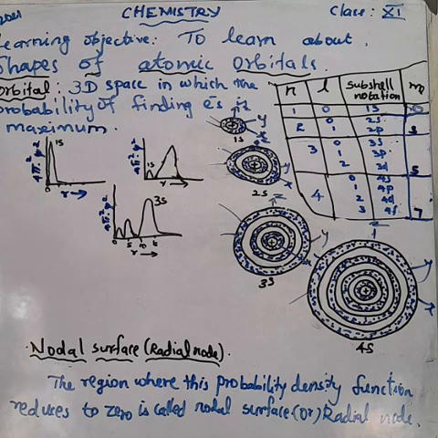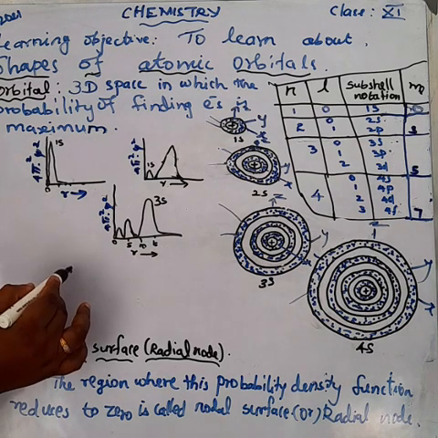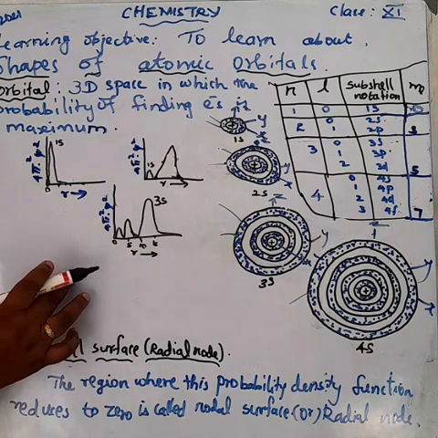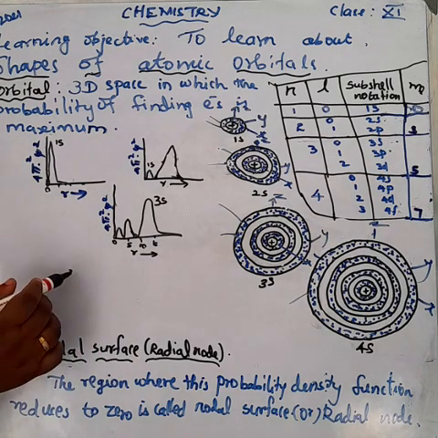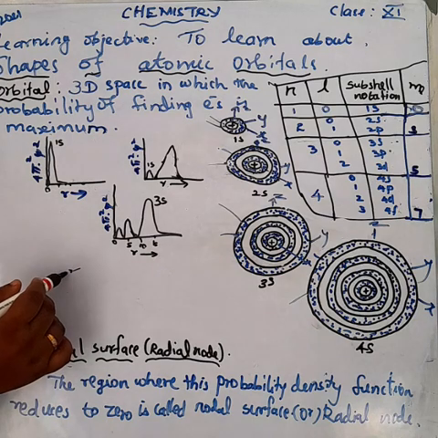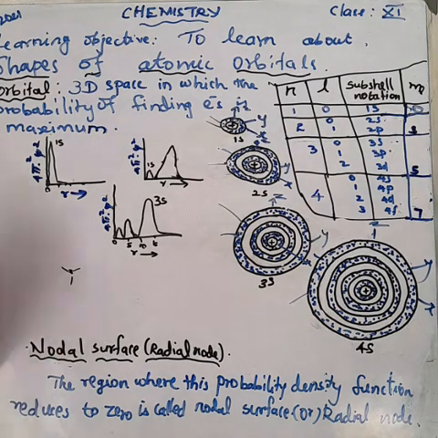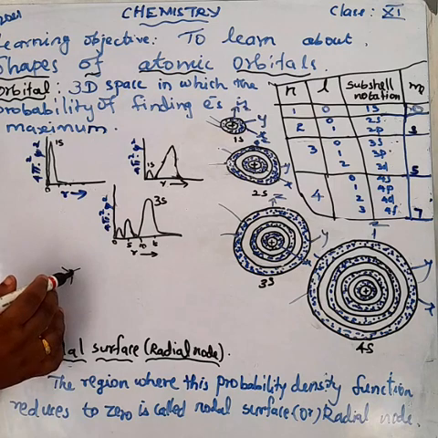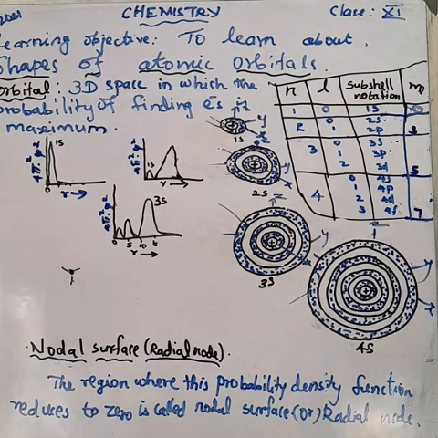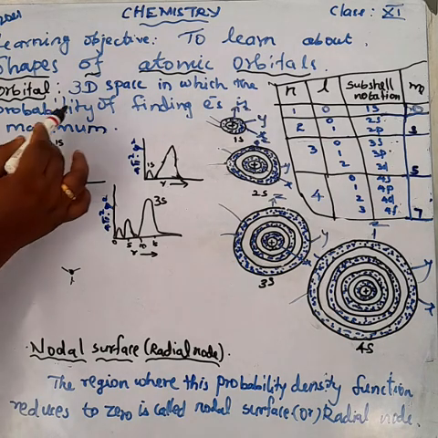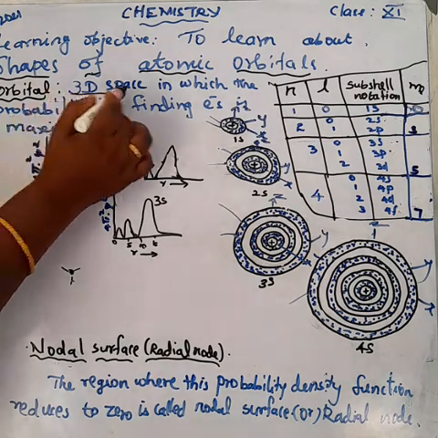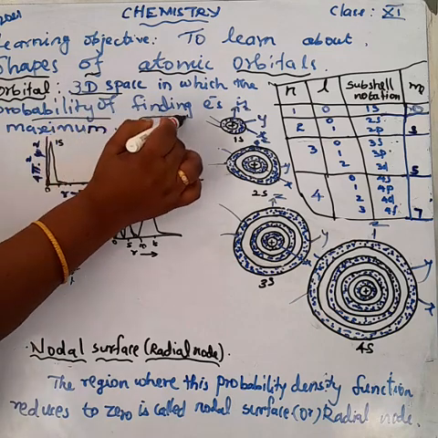If you see the ceiling fan, it entirely covers the circle, but when the ceiling fan slows down or stops, in that condition it will occupy only certain positions of the circle. Those positions are known as orbitals. So what do you mean by orbital? Orbital means the three-dimensional space in which the probability of finding an electron is maximum.